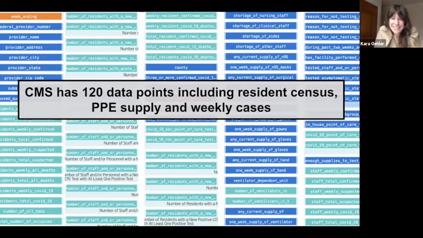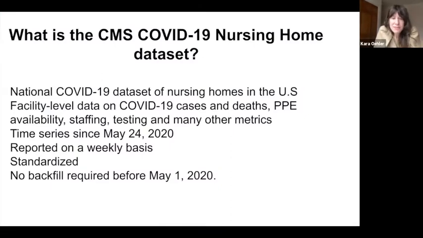It was first published on May 24th, 2020. It's reported on a weekly basis, but as we'll talk about in a minute, there's no backfill required of any of these facilities before May. Next slide.